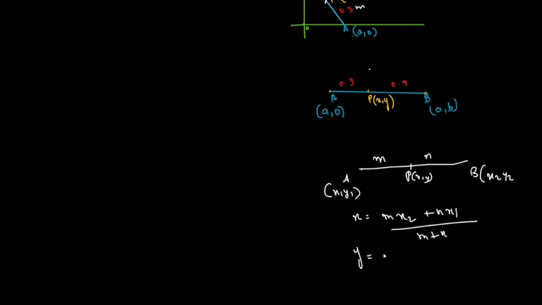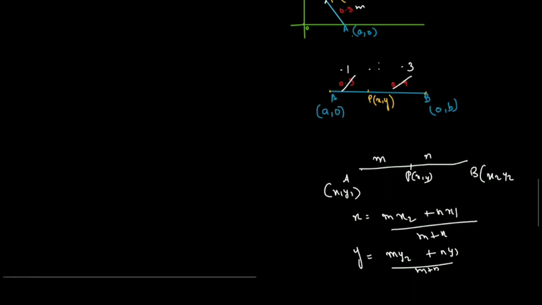Similarly, the y coordinate is (m y2 plus n y1) by (m plus n). Let us use that here. You can write this as 0.1 and this is 0.3. So the ratio is 0.1 is to 0.3.